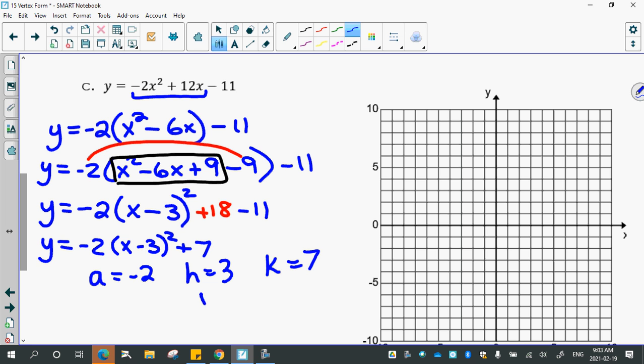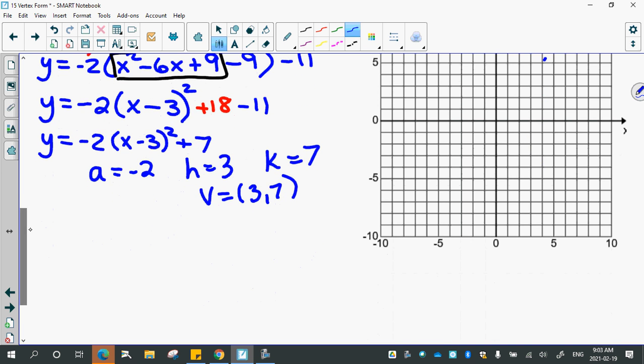So your vertex is going to be 3, 7. Right there. And then your step number being -2 means you're going to go down 1 times 2, which is 2, 3 times 2, which is 6, 5 times 2, which is 10.